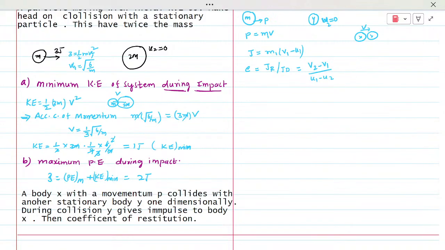Now let's consider the impulse given to X is J by the Y. So this J is the same between Y and X. Now, initial momentum mv plus J is equal to final momentum, that is m1 v1.